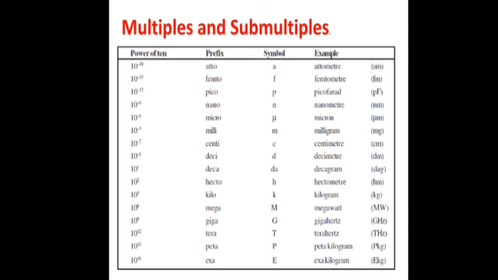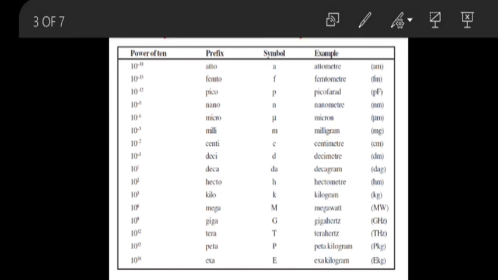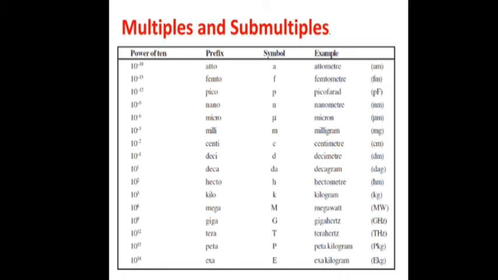Now the list that we are seeing right now on the screen, there are so many over here, you can see. Okay, 10 raised to minus 18 to 10 raised to plus 18 is given. In 10 raised to minus 18, the first one, the prefix is called atto, and we see that its symbol is small a, and then the example attometer.